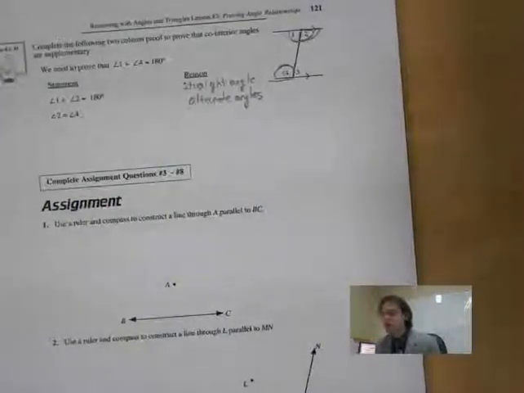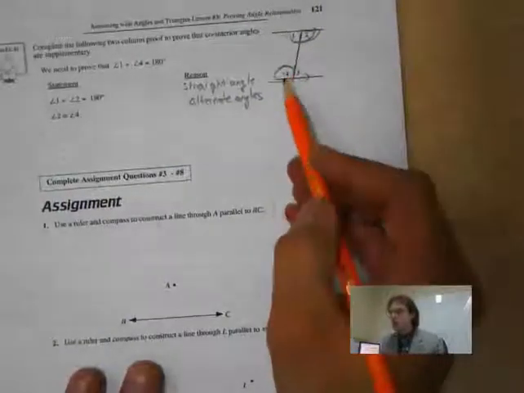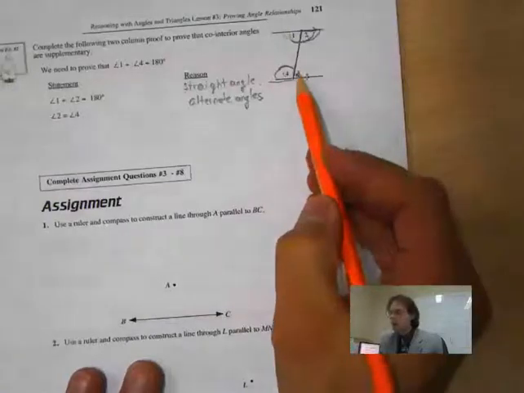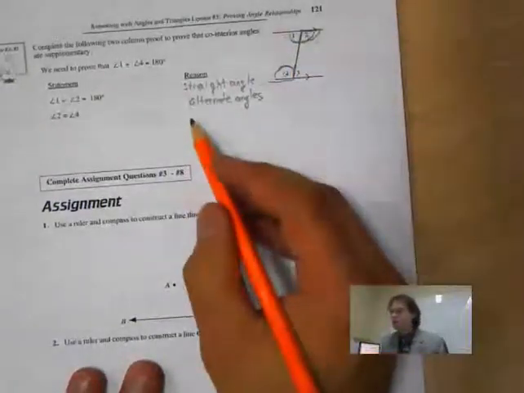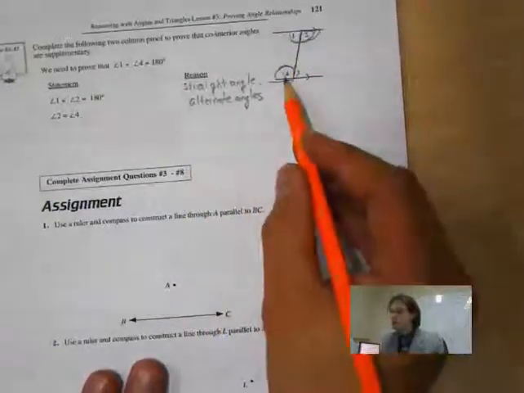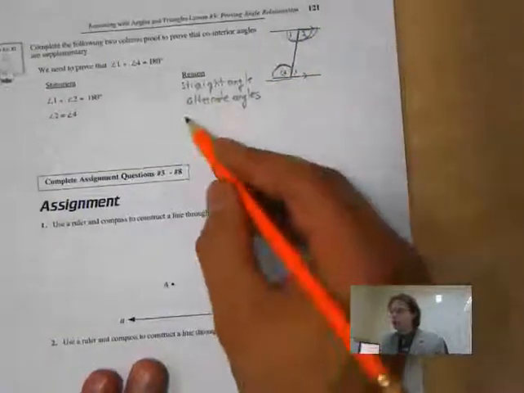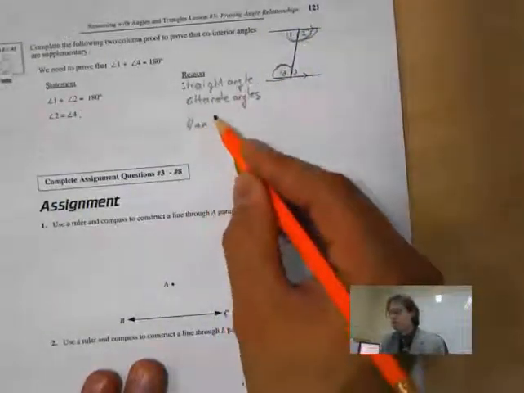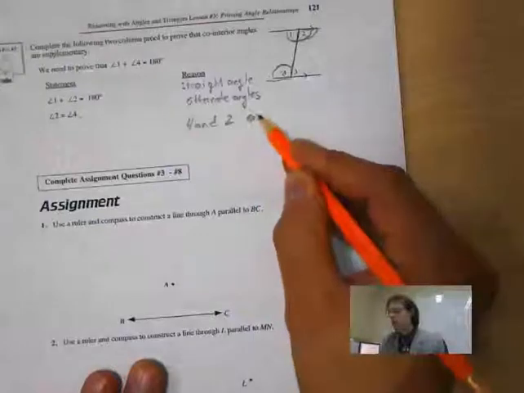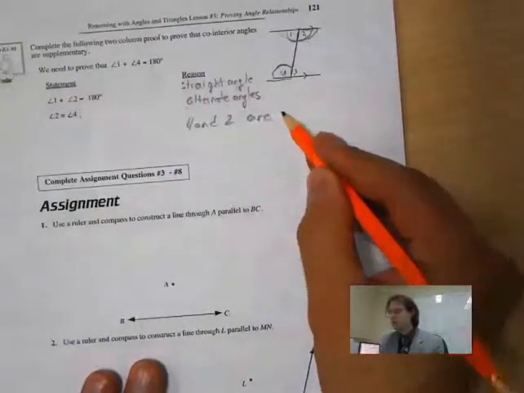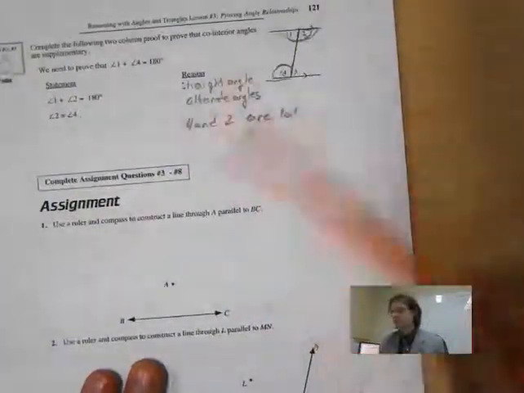And then we need to prove that angle 1 plus angle 4 equals 180. Well, if we look at this, we know that 3 and 1 are alternate angles. So we know that 4 and 2 are alternate. Oops, spelled alternate wrong.